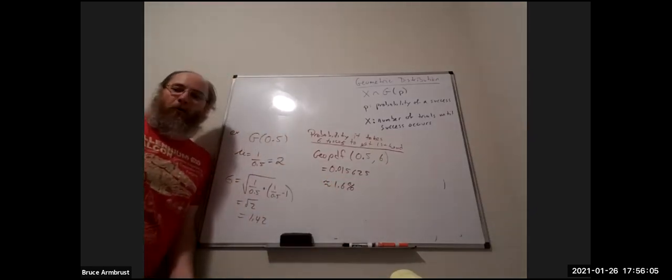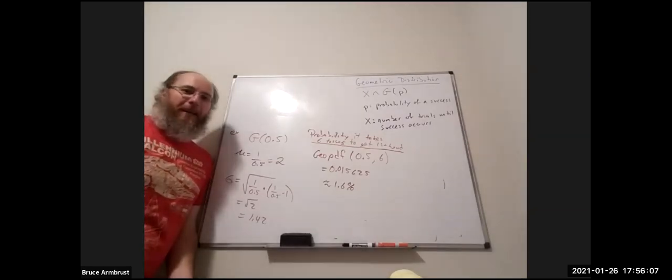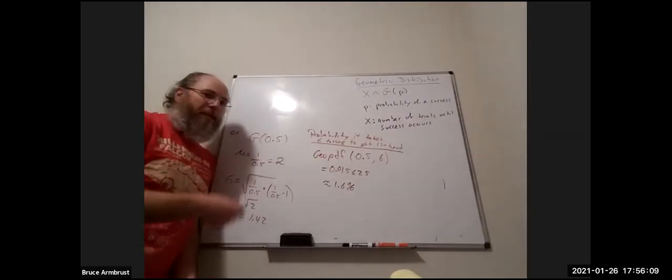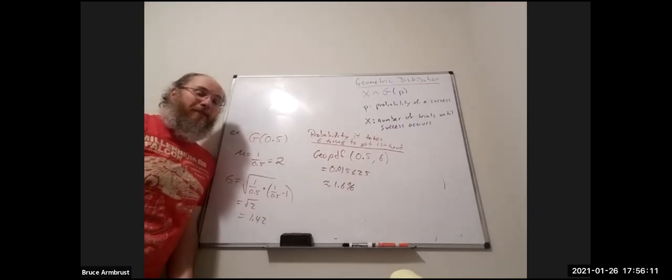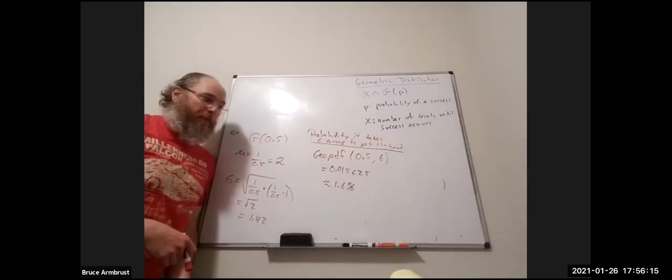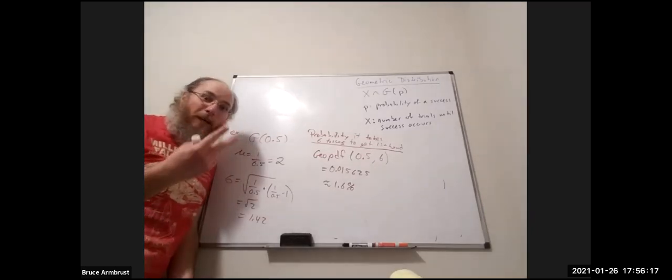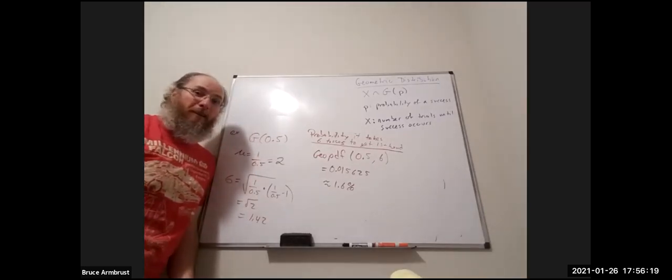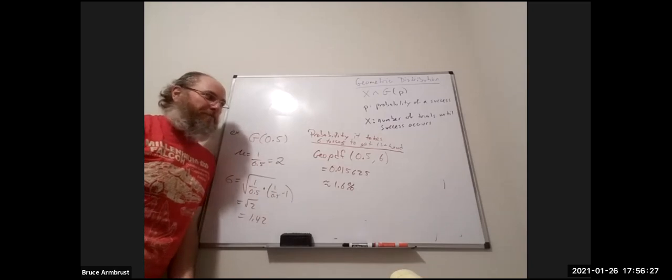So only about 1.6% of the time do you need to get to 6 tosses before you get your first head. And I did it twice in a row. Holy cow. This is definitely the day I need to buy a lottery ticket because weird stuff's happening.